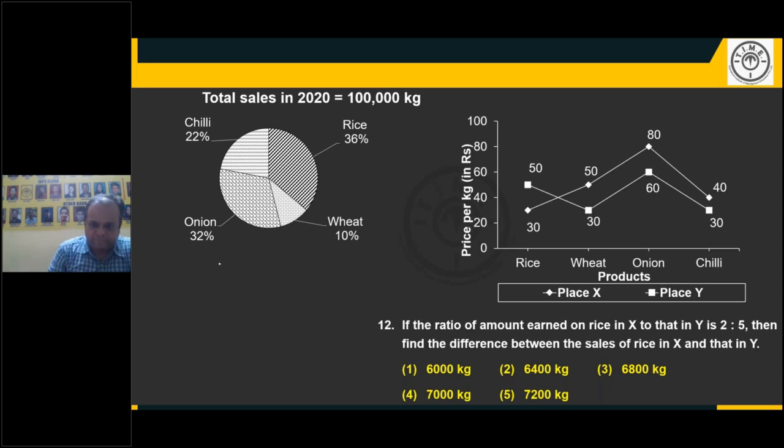Ratio is about amount, right? Now, if we are looking at this data, can anybody tell me what is the price of rice in X? Price of rice in X is 30.